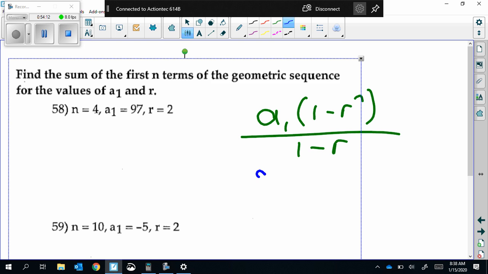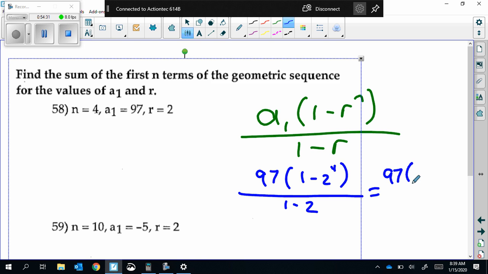A1 is 97. R is 2. N is 4. Start with the exponent inside the parentheses. 2 to the 4th is 16. So that's 97 times 1 minus 16 over negative 1.